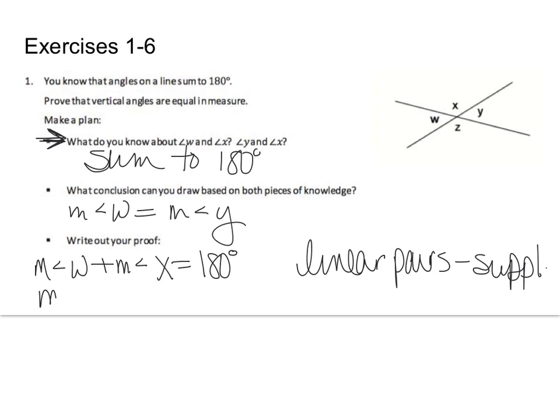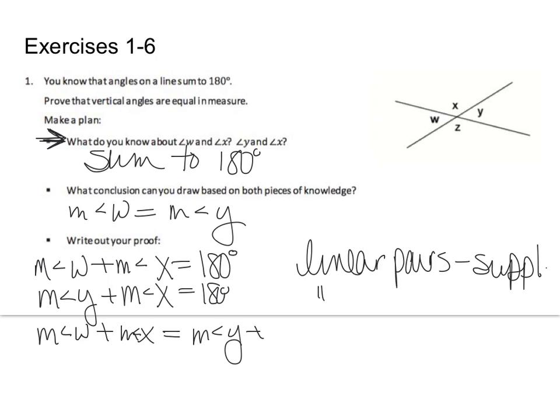Then we know the measure of angle Y plus the measure of angle X equals 180 degrees, and it's the same reasoning. Then I can use substitution to say the measure of angle W plus the measure of angle X, I forgot the angle symbol, equals the measure of angle Y plus the measure of angle X. Substitution property of equality.